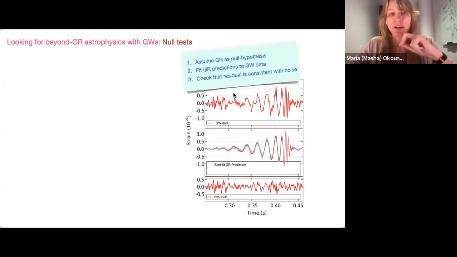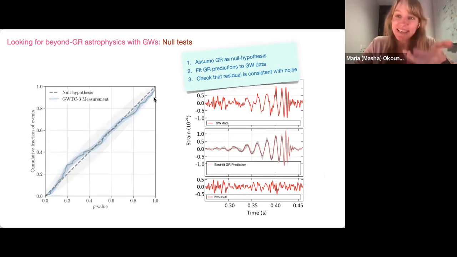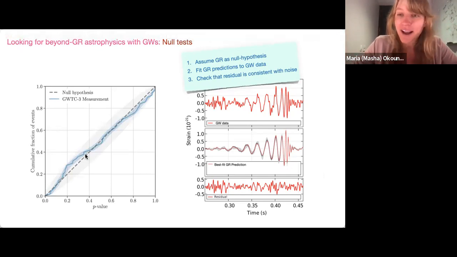So here's your actual data from the detector, and here's your best fit GR prediction. And you check that the residual that you have once you subtract off your best fit prediction, so here's the residual for the first LIGO event, for example, is consistent with noise. And indeed, it's found in GWTC-3, the most recent LIGO, Virgo, KAGRA catalog, that for general relativity you would expect this dashed gray line.